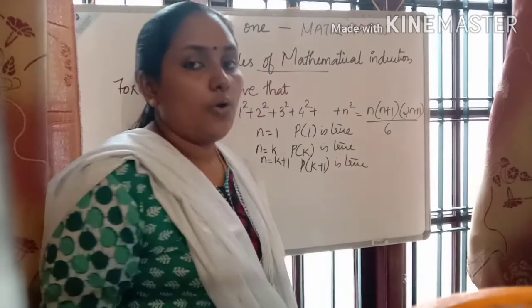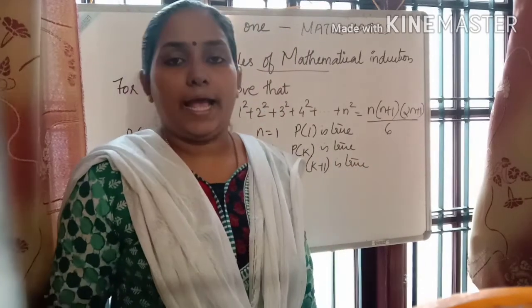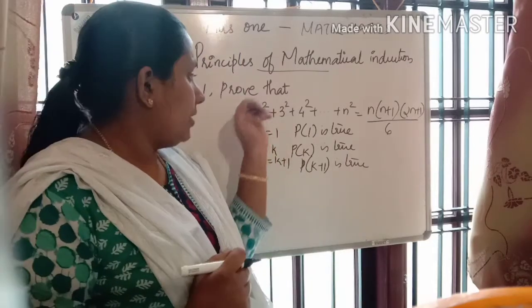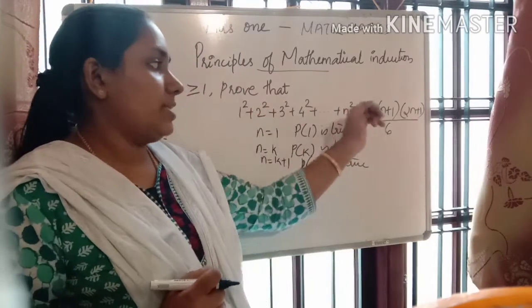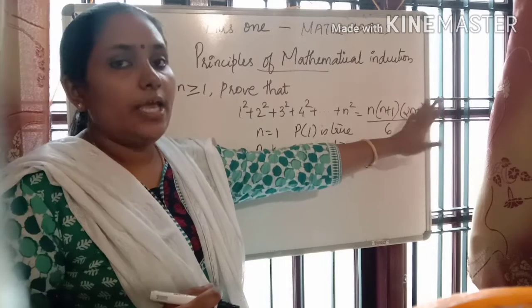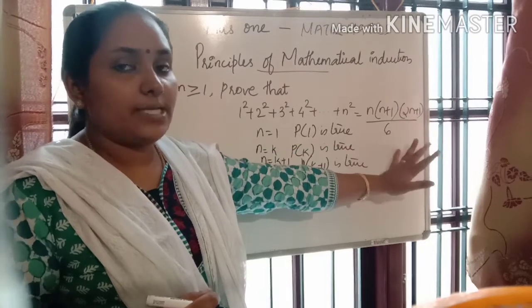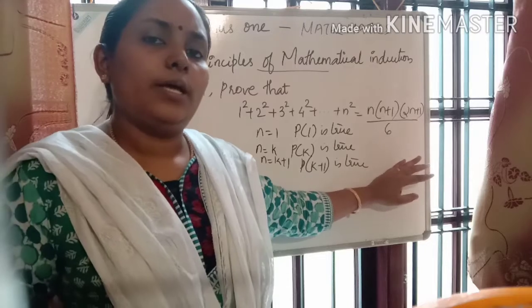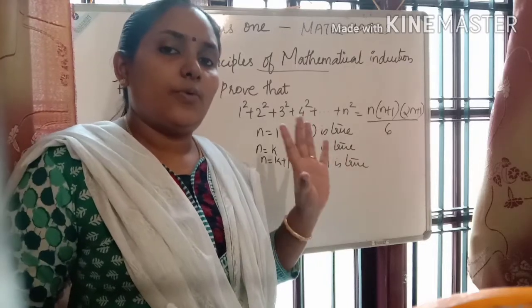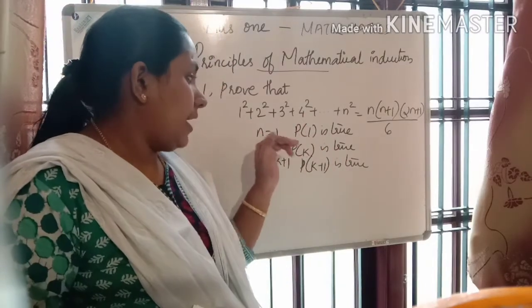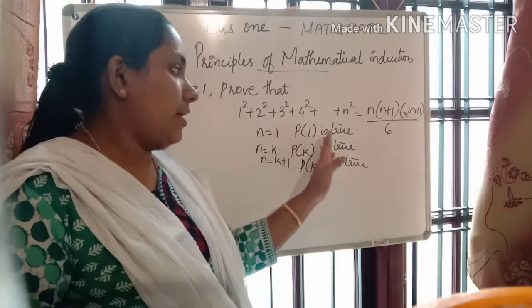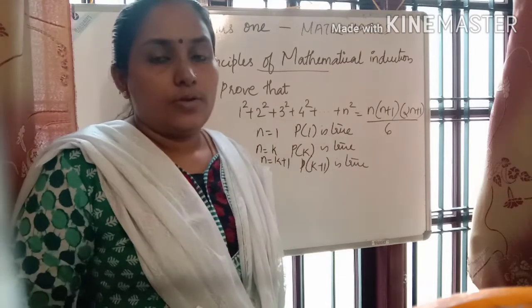If a question is given as prove that 1 square plus 2 square plus and so on is equal to n into n plus 1 into 2n plus 1 divided by 6, we have to prove that. How can we prove it? We just apply n equal to 1, n equal to k, n equal to k plus 1, and show the corresponding P value is true.